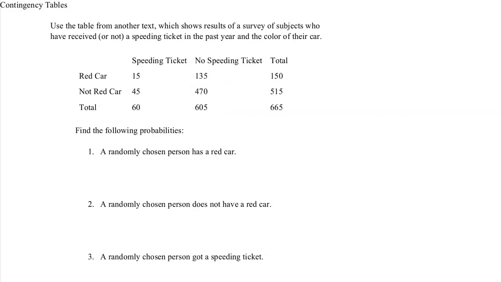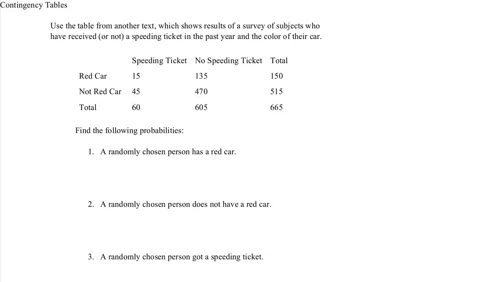And our grand total here is 665 people in our survey. You can get that two ways. Adding up here the people with red cars and the people without red cars gives you 665, or the people with speeding tickets and the people without speeding tickets adds up to 665.